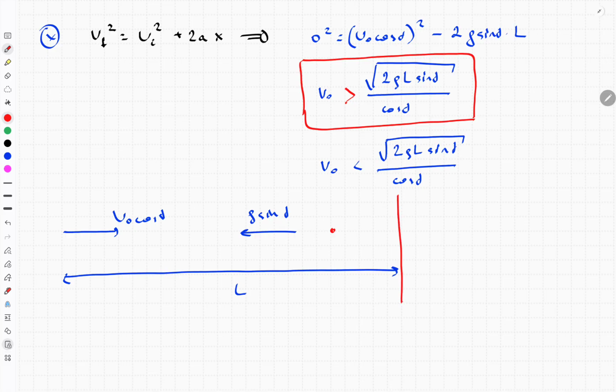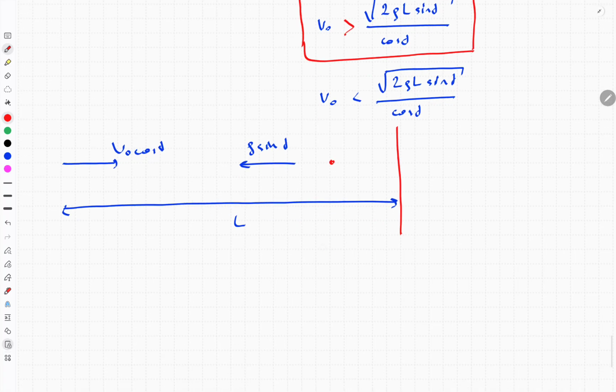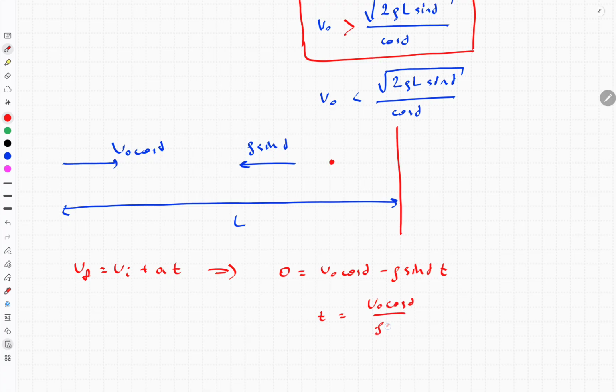So in this case, we can use the equation v equals v0 minus at. Final velocity somewhere here in the tube will be 0. Initial velocity in x direction, of course, minus g sine alpha t. From here, time equals v0 cosine alpha divided by g sine alpha. So this is the time when velocity becomes 0.